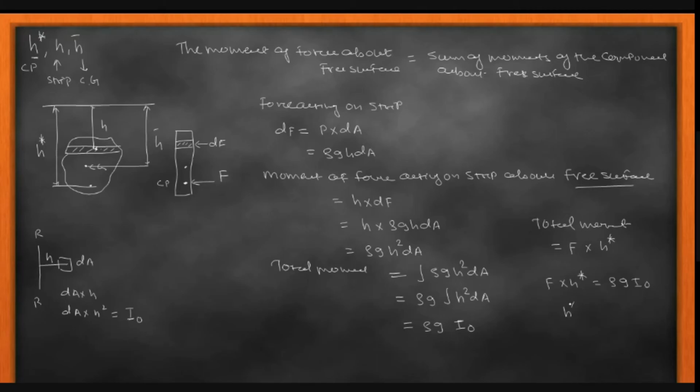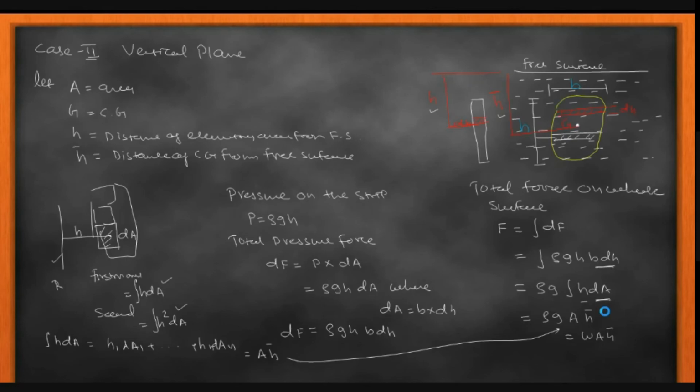And if we make H star the subject, H star equals rho g I naught divided by F. And we know the formula of F, we have derived it, that F equals rho g A h cut, or we can write it as w into A into H cut.